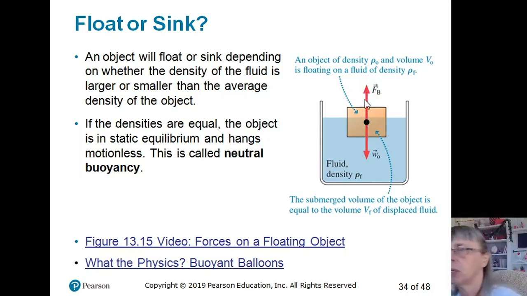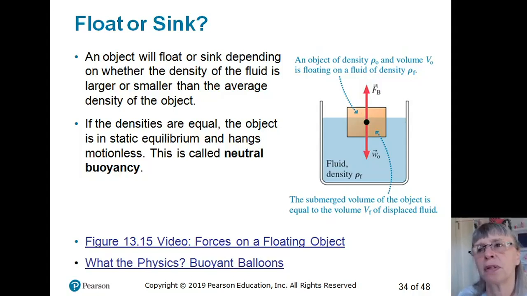Just do it. So in this case, if it's floating, we know that the weight of the object is equal to the buoyant force because there cannot be any other forces. There's no normal force because it's not sitting on a surface. So the only two forces are the buoyant force and the weight of the object. So we're going to go through some problems in a couple of slides, but let's just see.